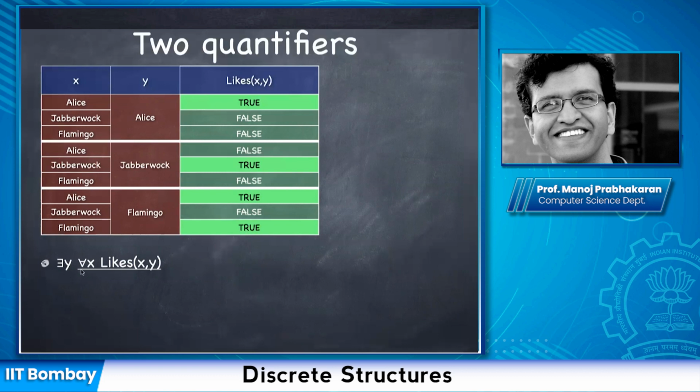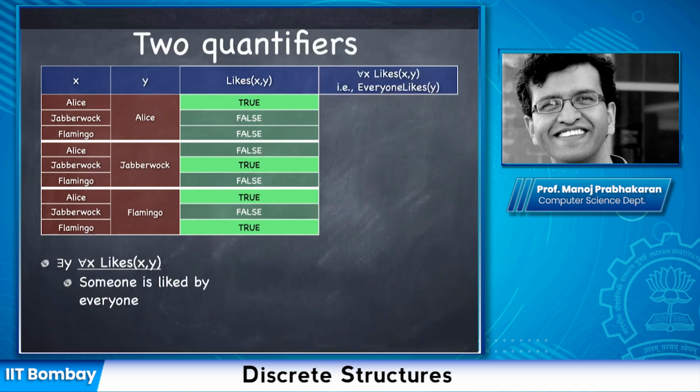So there exists y such that this is now a predicate applied for each value of y, right? And it says for all x, x likes y. So every x likes this y. So everyone likes y. So there is somebody who is liked by everyone. That's what the statement says.